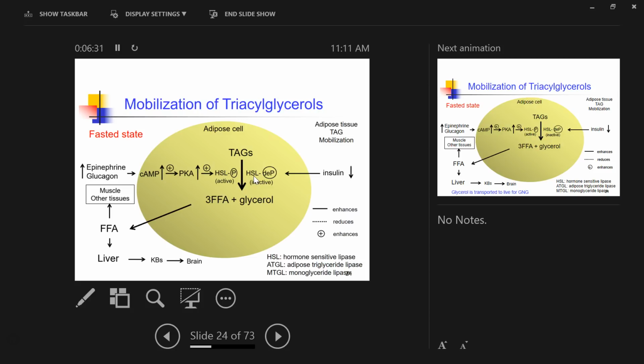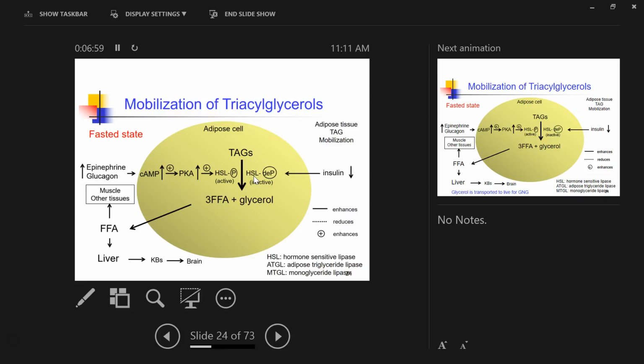I also talked about this, I guess, right? Okay. Any other question you want me to address for lipolysis? Yeah, okay.